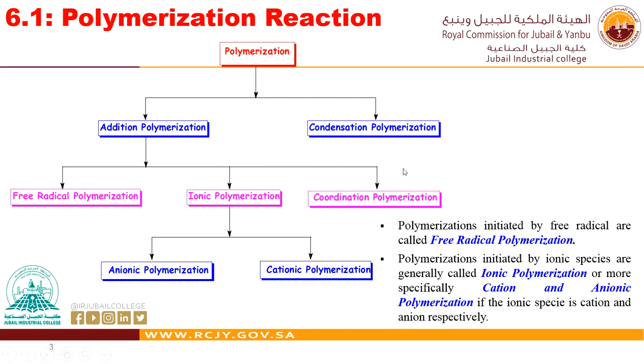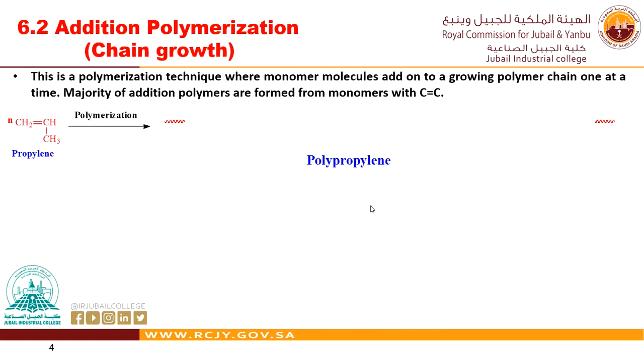But if the polymerization is started or initiated by a catalyst, then it is called coordination polymerization. Now, another name for addition polymerization is what? Chain growth. As I mentioned earlier, this reaction involves monomers that have a carbon-carbon double bond.